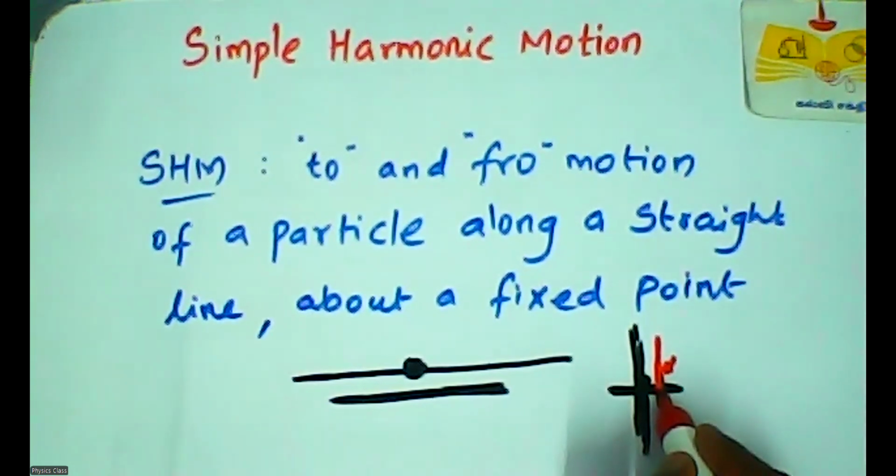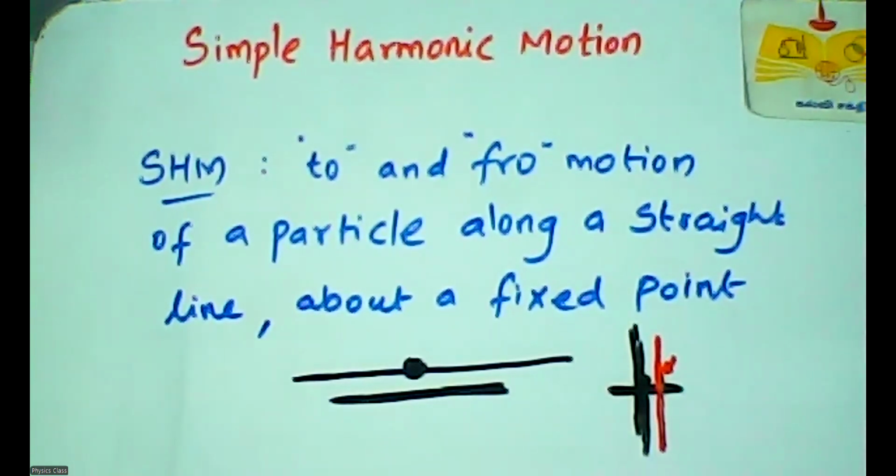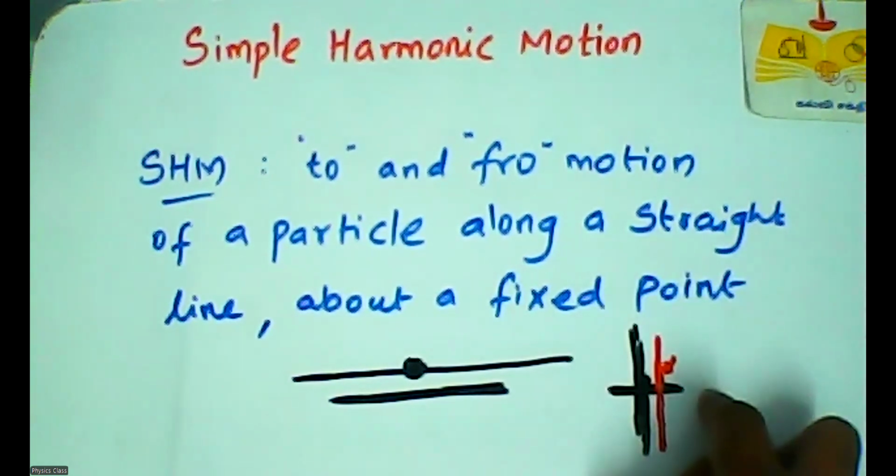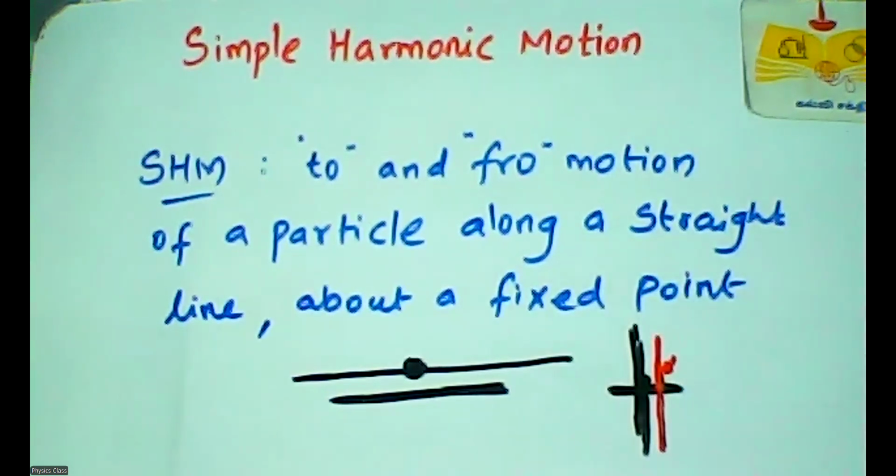Suppose the object moves here, the restoring force pulls it down towards the equilibrium position. So the force is directly proportional to displacement, but in the opposite direction.